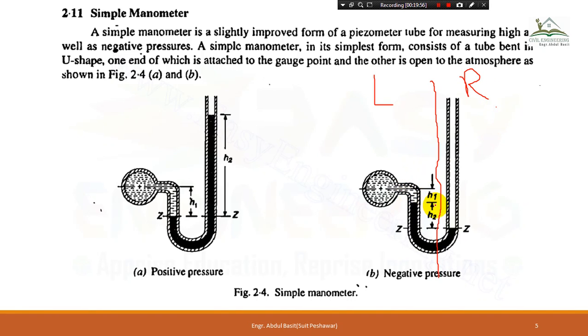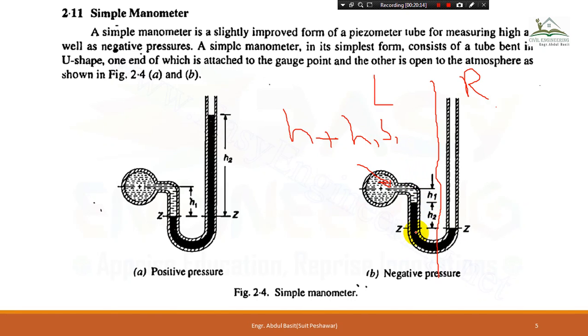In the left limb we have the pressure in the pipe, H, plus H1, small h1, times S1. This is the situation in the left limb.